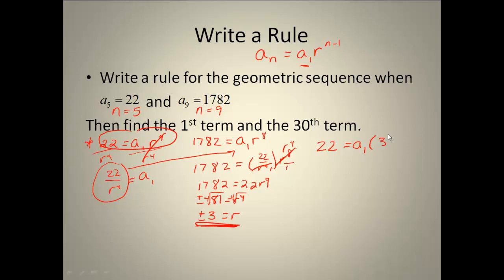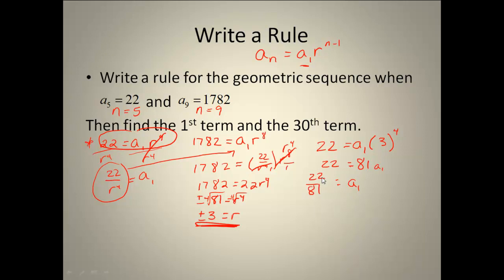I'm going to use the positive 3 for my r and raise that to the 4th power. So you would do that part first. You would do 3 to the 4th power, which gives you 81. So we have 81 times a sub 1 is equal to 22. Divide both sides by 81, and we would get 22 over 81.